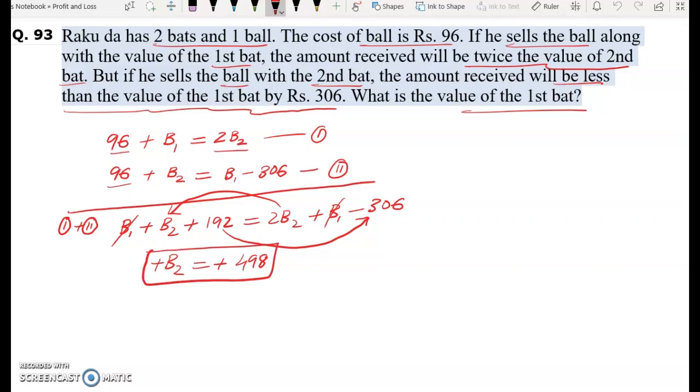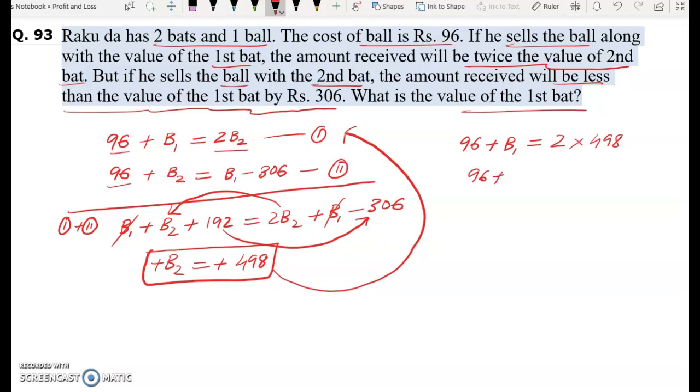Now in order to find the value of the first bat, we can put this value in the first equation. Our first equation is 96 plus B1 is equal to 2B2. Now the value of B2 is how much? 498.